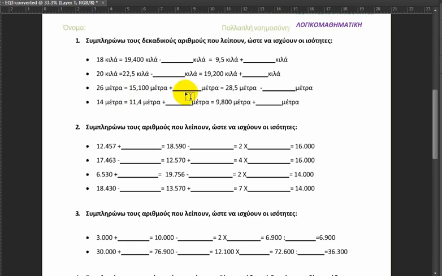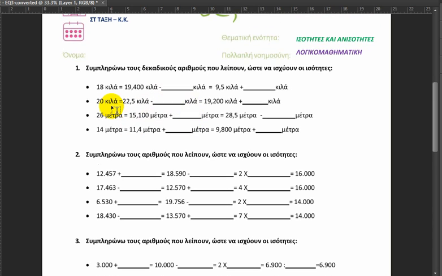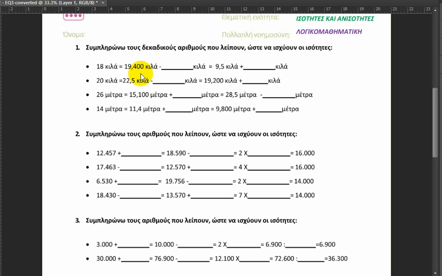Now here we have more of a review, basically. So here, for example, we have 18 kilograms, and it says that that's equal to 19.4 minus what?